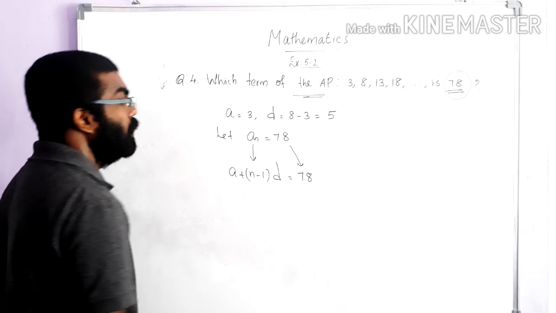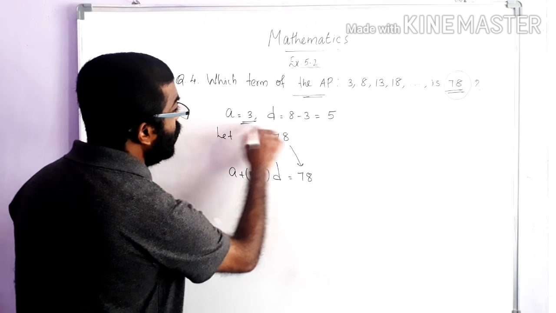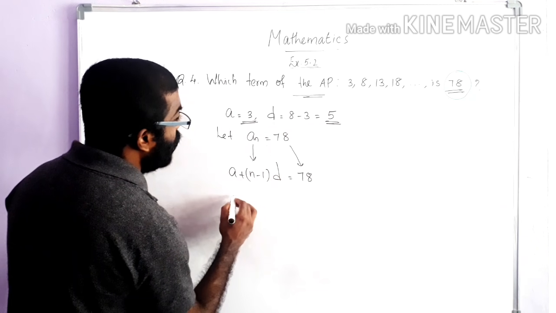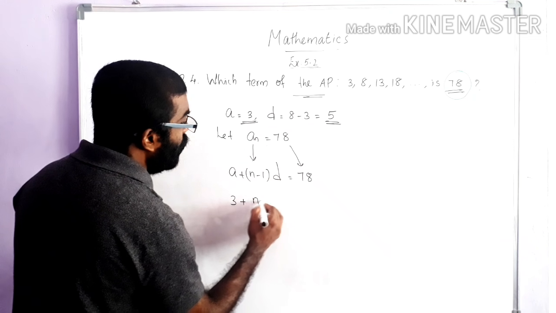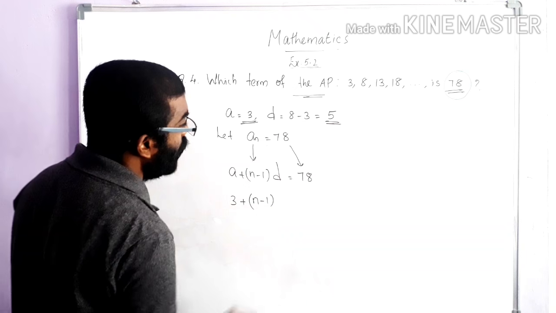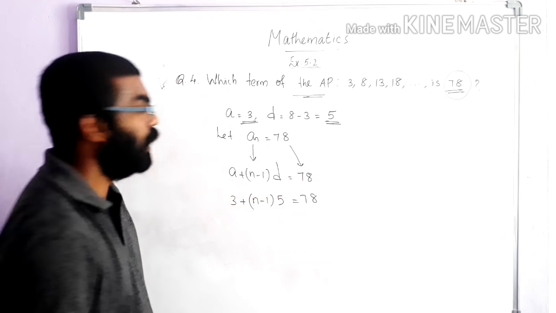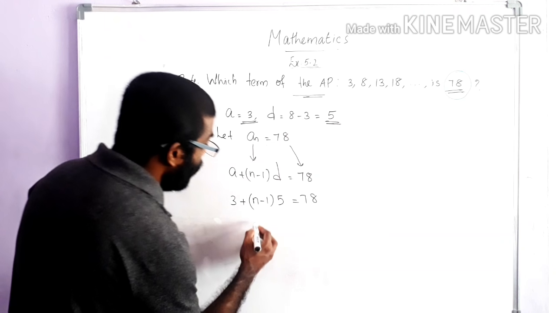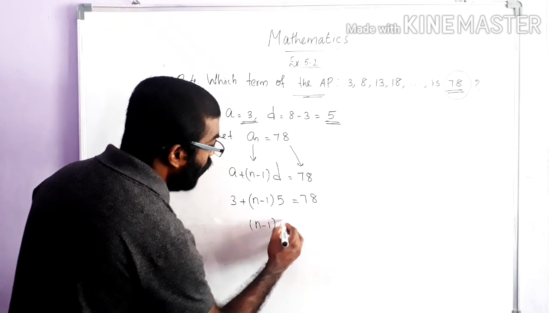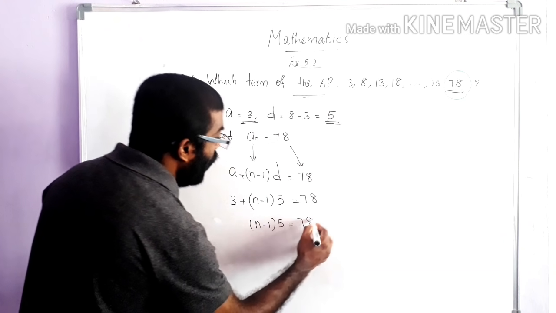It's given. Now you can replace the known values, that is a and d. A is equal to 3, then plus n, which we have to find out, so (n minus 1) into d is 5, which is equal to 78. Clear?